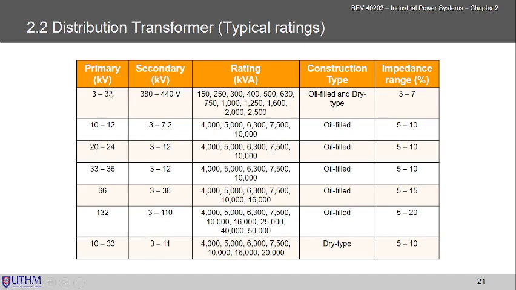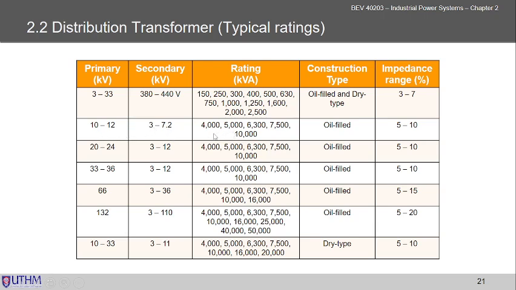For example, you are looking at, let's say, 11 kV to 6.6 kV. Then you can choose which one. 11 kV is either this one or this one, and for 6.6 kV, this one has no 6.6 kV but this one has. So maybe you can choose this one.